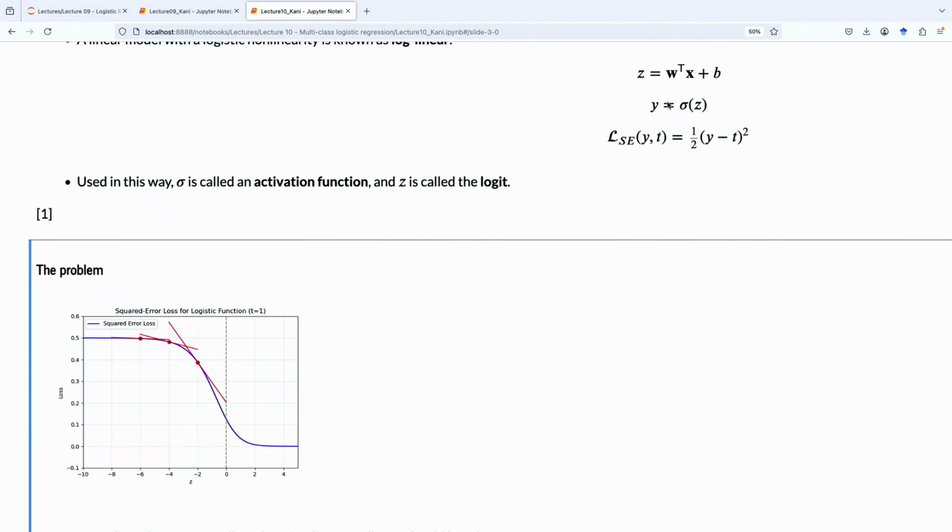We have the squared loss, and we're somewhere around here. That's okay, we have a loss that's non-optimal, which is okay. But what's not okay is that when we want to train a model, we take the gradients and adjust the weights based off the gradient, right? But the gradient is nearly 0 here.